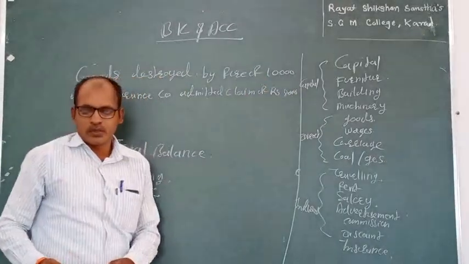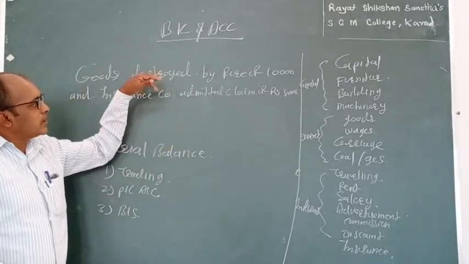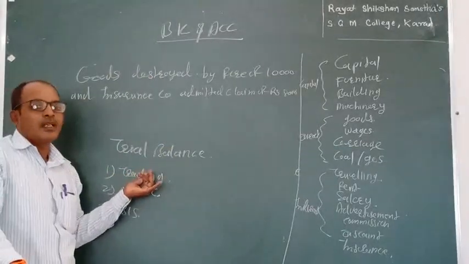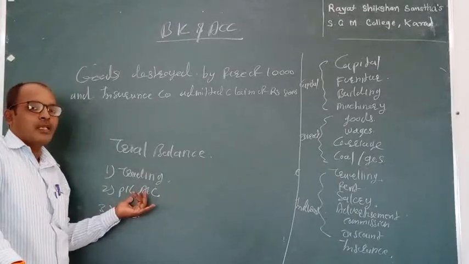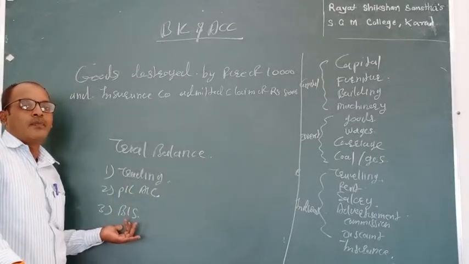It is insured goods. This adjustment has 3 effects: the first effect in the trading account, the second effect in the profit or loss account, and the third effect in the balance sheet.